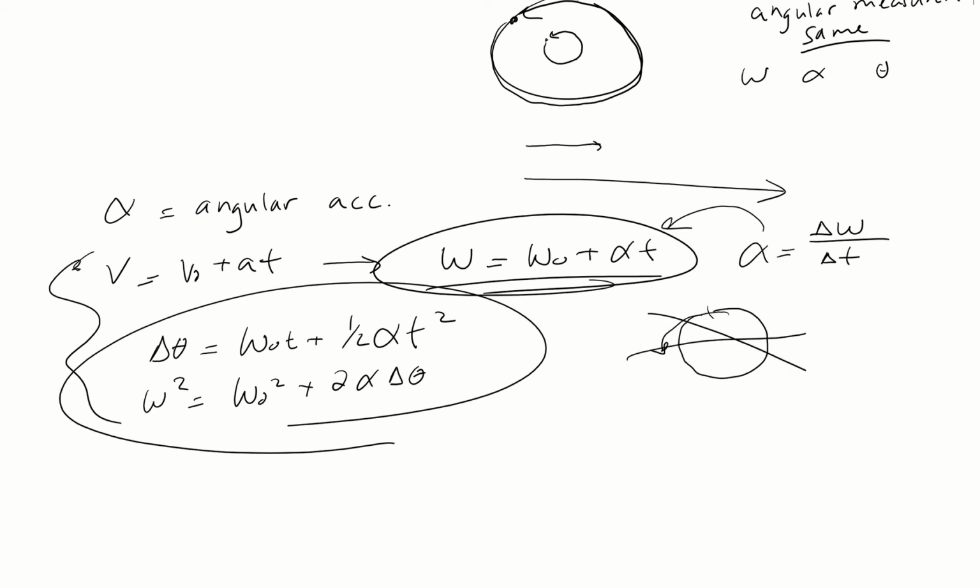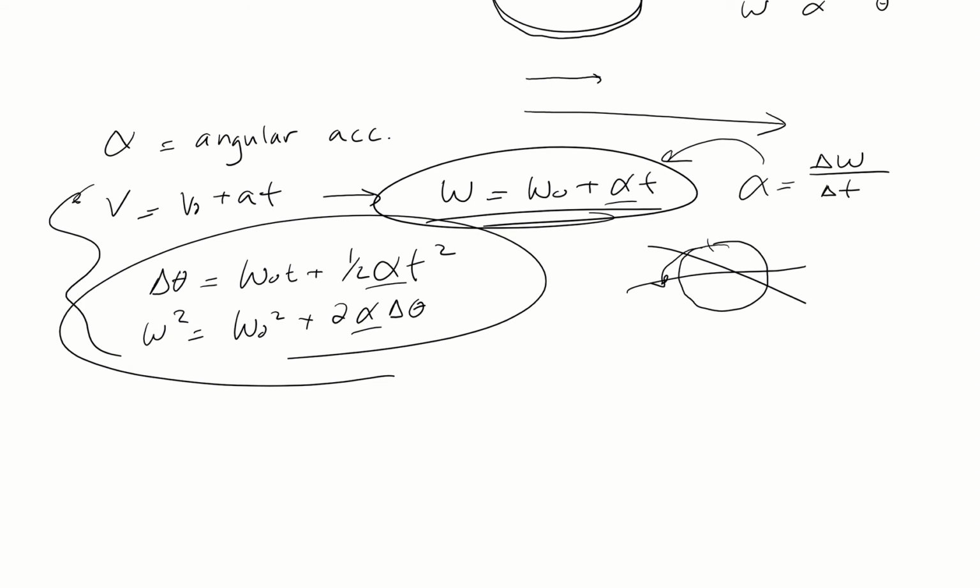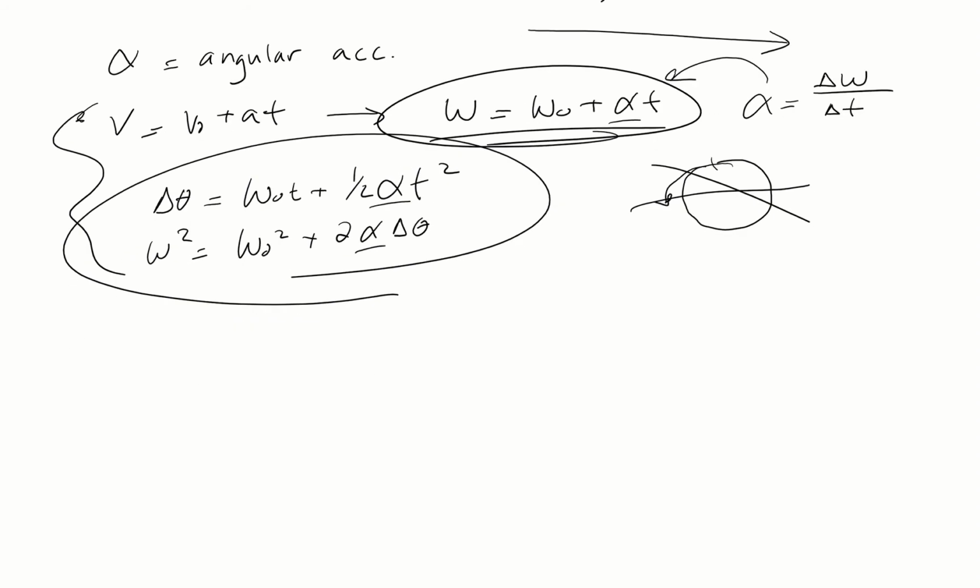So if it's uniform, I don't use these three. If it is accelerating, so if it is either speeding up or slowing down while it's rotating, that is when I would use these. And it does technically have to be a constant acceleration as well. Now, in Physics 1, we don't typically see non-constant accelerations, but it is something we want to make sure we're paying attention to in terms of when do I use these and when do I not. But make sure we're comfortable with those ideas, right?